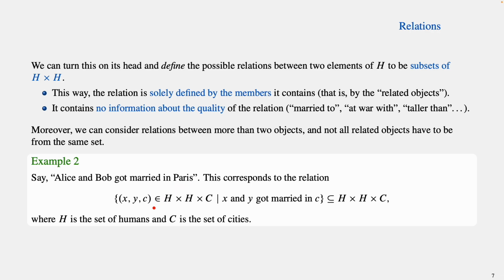So this corresponds to the relation, to the subset of the triples x, y, c, taken from the set H times H times C, where H is again the set of humans and C is the set of all cities. And then such a triple being contained in the subset means x and y got married in C. So two people, x and y, got married in the city C. And one element of the set would be Alice and Bob and Paris, this triple.